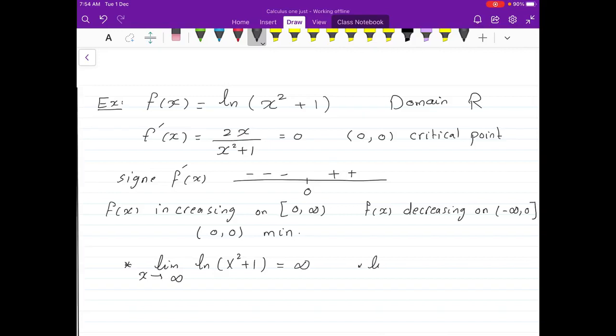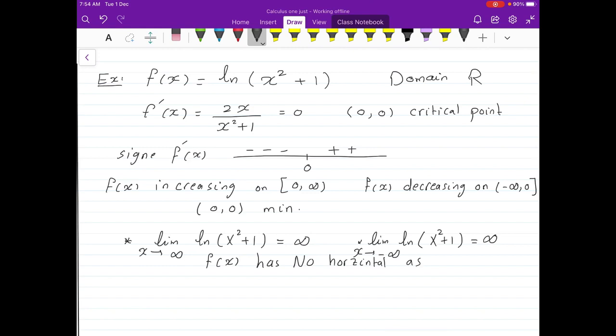And the limit of ln of x squared plus 1 as x approaches minus infinity equals infinity, that means f of x has no horizontal asymptote. So the behavior of the function when we try to sketch it: as x approaches infinity it goes to infinity, and as x approaches minus infinity it goes to infinity.